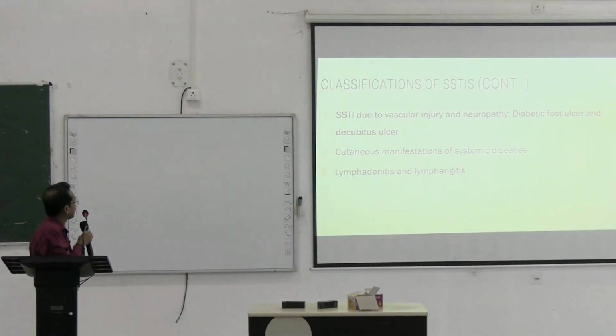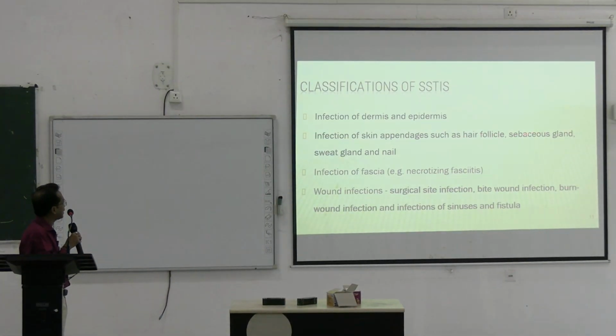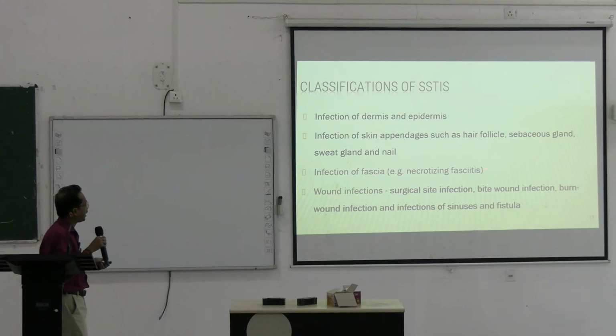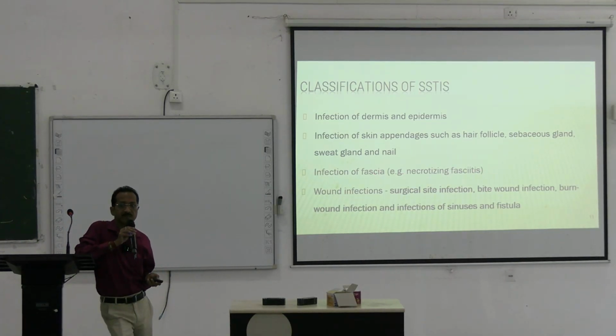Now let's start. Some infections are of hair follicles, sebaceous gland, sweat gland and nail. Fascia, necrotizing fasciitis. You already have a class. Can anybody tell what are the organisms responsible for necrotizing fasciitis? One commonest organism causing necrotizing fasciitis.